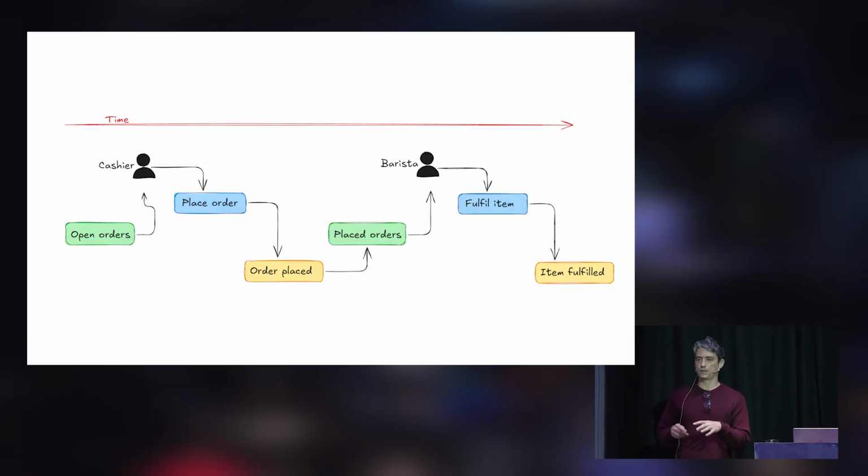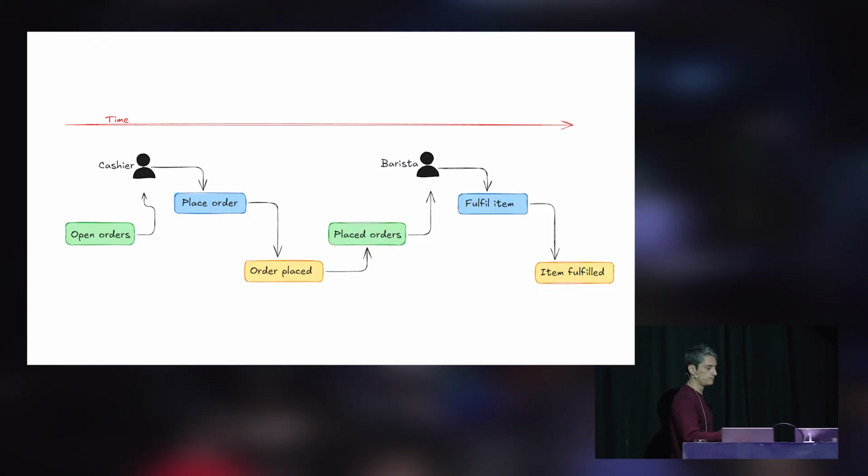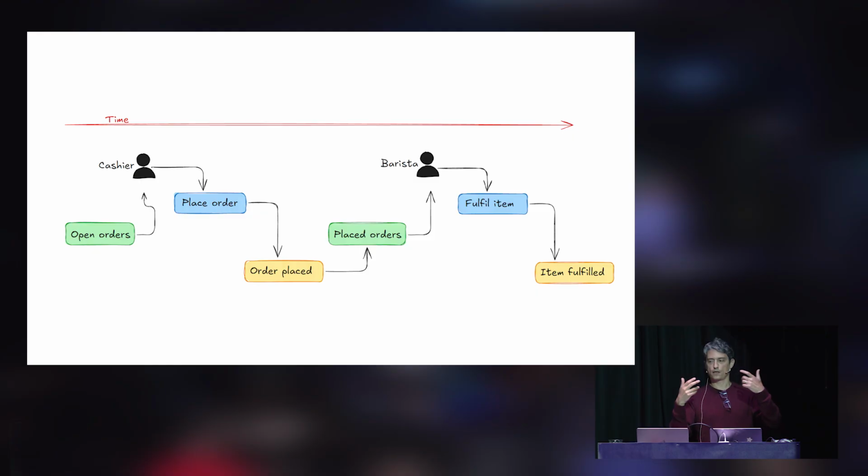From there, we can derive a new view, a new list, for the barista to come in, look at the placed orders, and start preparing those orders, right? Fulfilling those items. So I'm stitching workflows out of little behavior slices, little timelines.